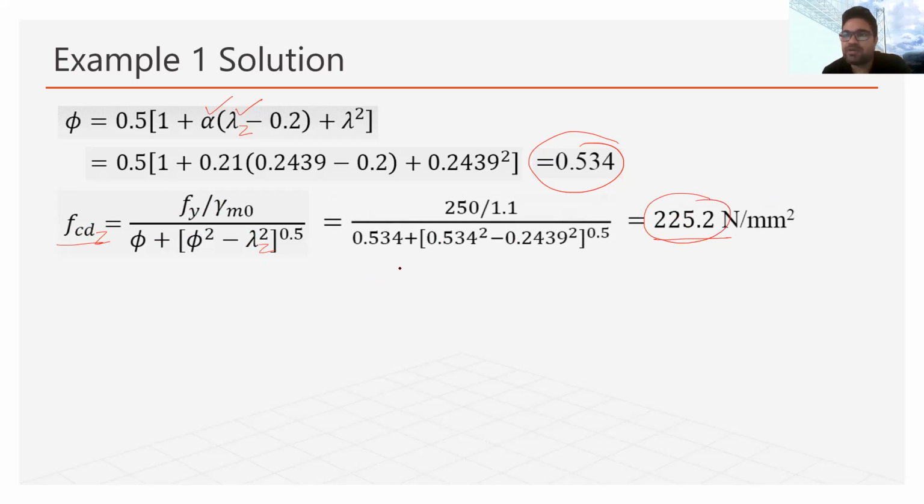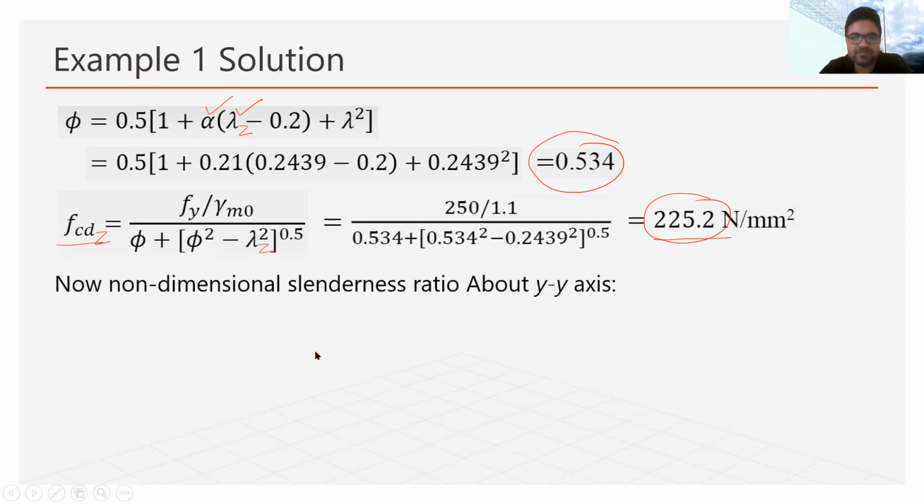Now, similarly, our column can buckle along the Y axis also. So along the Y axis also, we will find out the FCD value. The same process that we followed to calculate along the Z axis, we will follow along the Y axis. Earlier we used lambda Z; in this case, we will use lambda Y, because now we will calculate lambda along the Y axis.